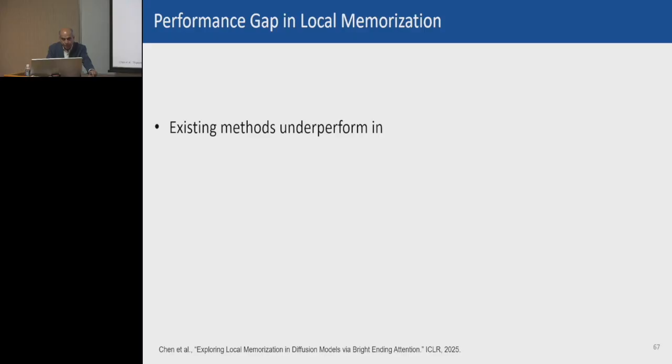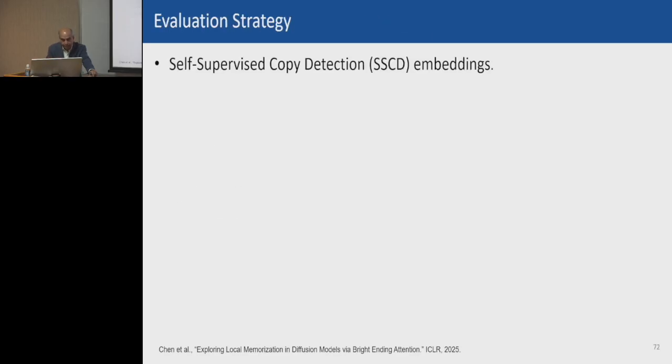That's why existing methods underperform. You want to evaluate memorization, detect memorization, and mitigate memorization; these are all issues we are looking at. The standard way to evaluate is to take the training image and find its embedding using self-supervised copy detection. You can use any embedding, but typically people use that. Then find the self-supervised copy detection embedding for the generated image and look at the cosine similarity.